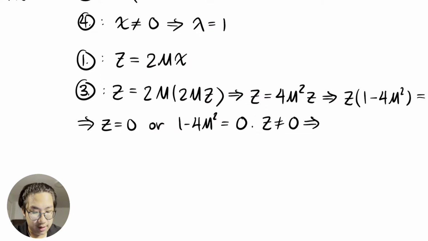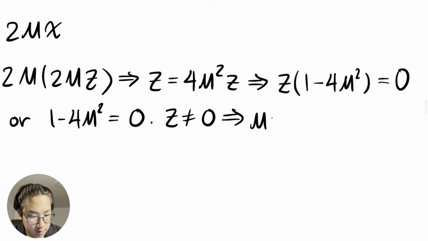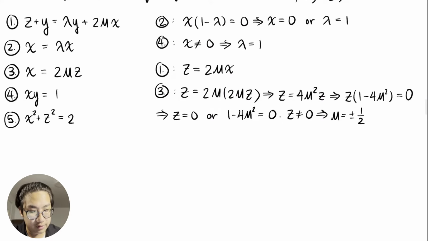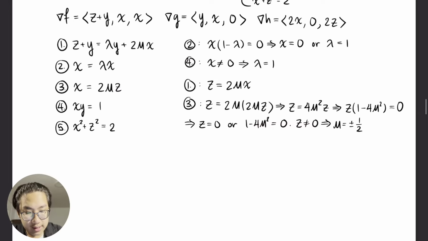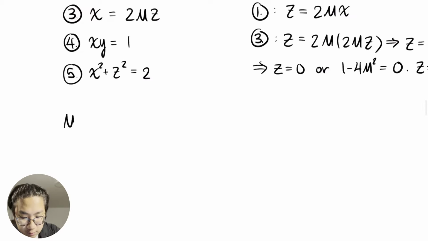And if we solve for that, we then get that mu is equal to plus or minus 1 over 2. You can do this again just by adding this to the other side, dividing the 4 over, and then taking the square root of both sides. So now we can consider the two cases here. One case is where mu is positive 1/2, and the other case where mu is negative 1/2.